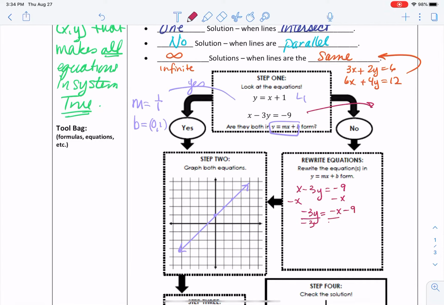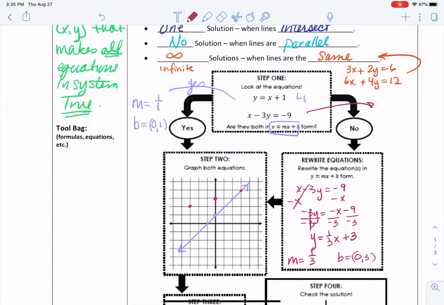Divide by negative 3, and I get y equals 1/3 x plus 3, where my slope is 1 over 3, and my intercept is the point (0, 3). So I'm going to graph that one, starting at 3, going up 1, right 3, and so there is that line.